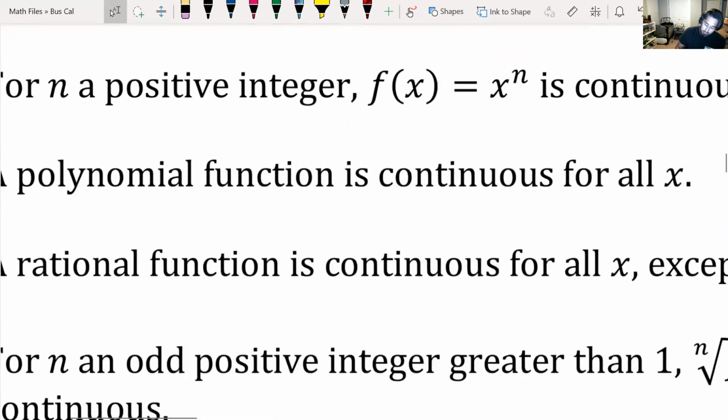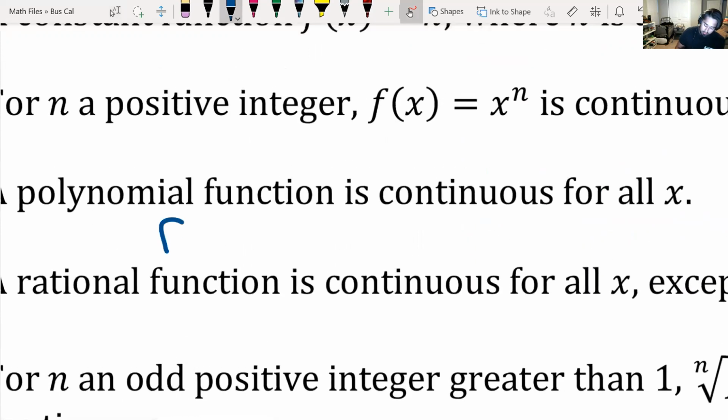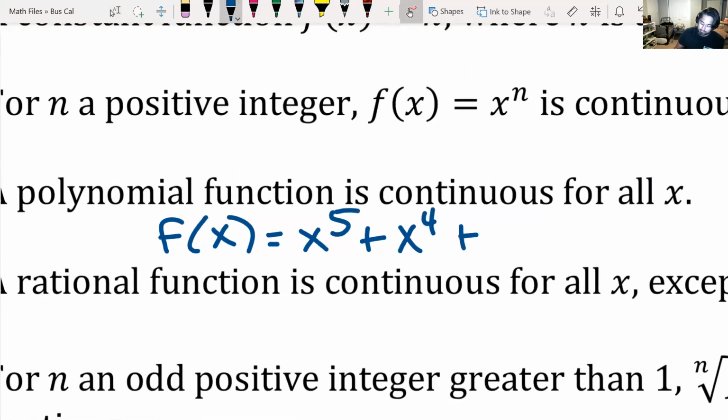Let's say f of x equaled x to the 5th plus x to the 4th plus x. This is a polynomial function because all my exponents have whole positive numbers or positive integers.